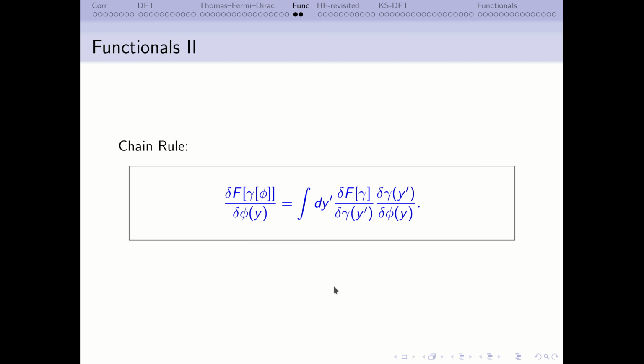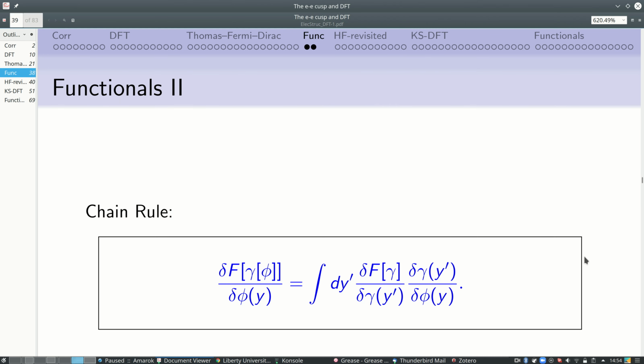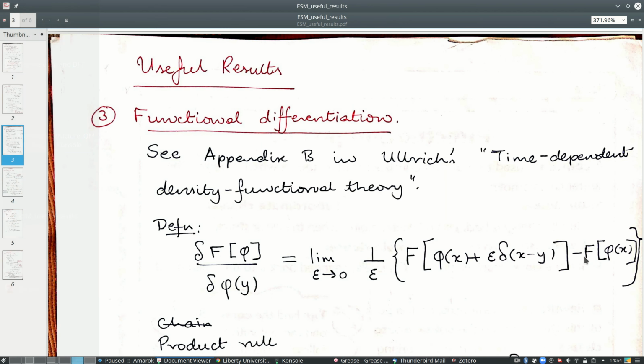Now I have already prepared the screencast on useful results, and I can show you what those are. So useful results, Control Tab. Here we are. I have gone through these handwritten, sometimes a little untidy, but I hope you get the idea, handwritten notes on how we use functional differentiation.